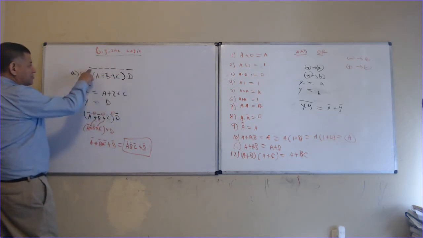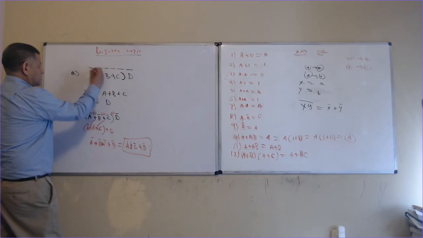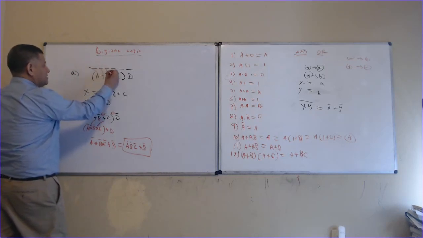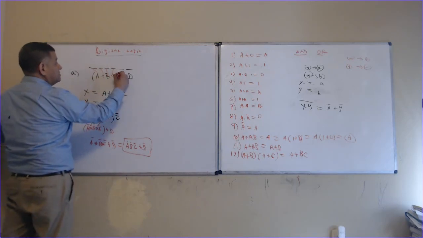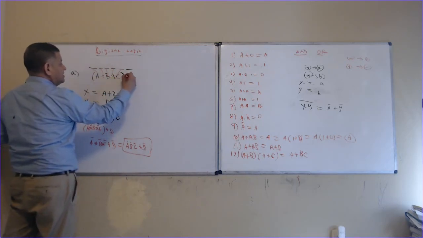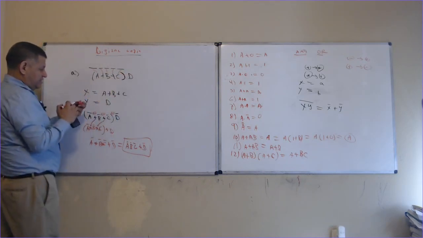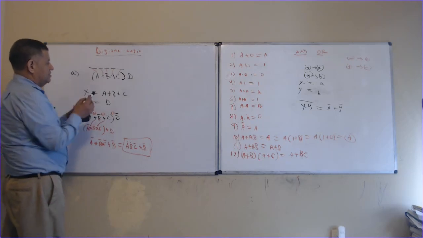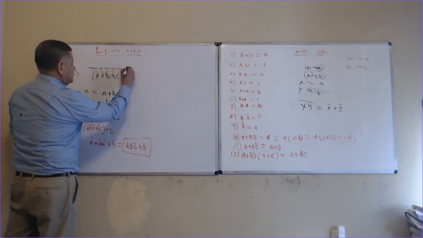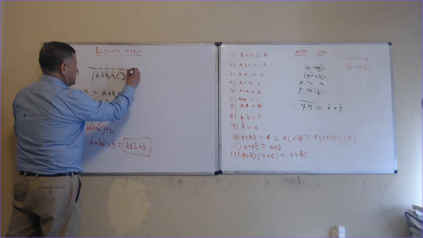So that belongs to this, that belongs to that one, and this belongs to this one. And of course, we actually need to break it one more piece over here because we have another one right here. So I got this, and then I got this, right?